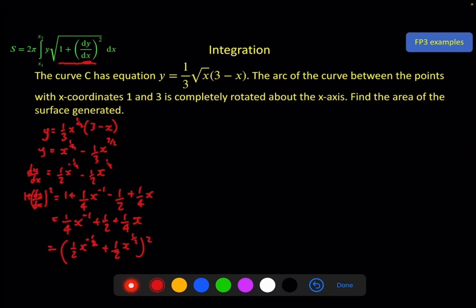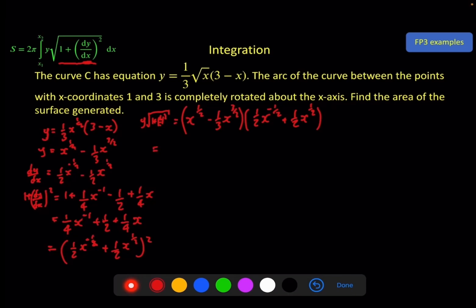So putting it all into index form, y times the square root of 1 plus dy by dx squared is equal to y, which is this, times 1 over the square root, 1 plus dy by dx squared square rooted is the bracket on the bottom left. And as mentioned, the square root and the square cancel out, so I don't have the squared here anymore.